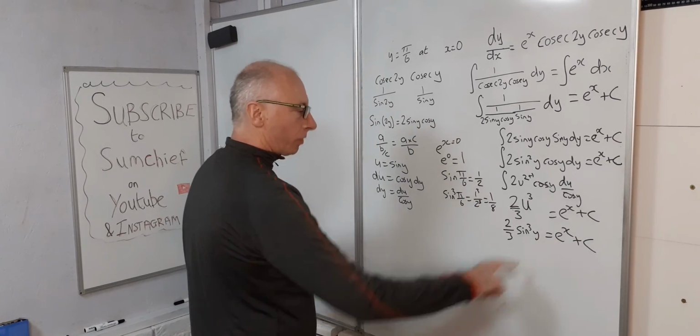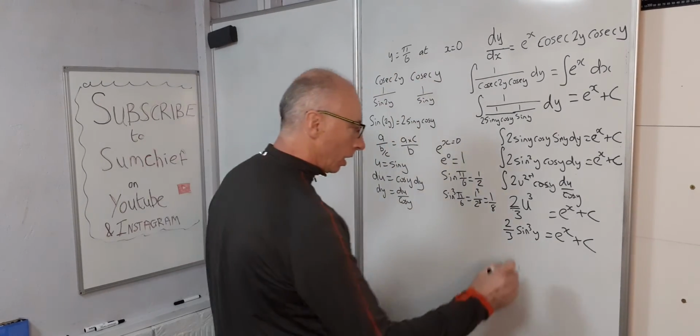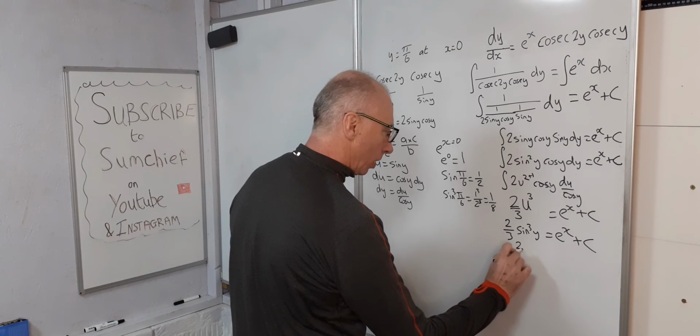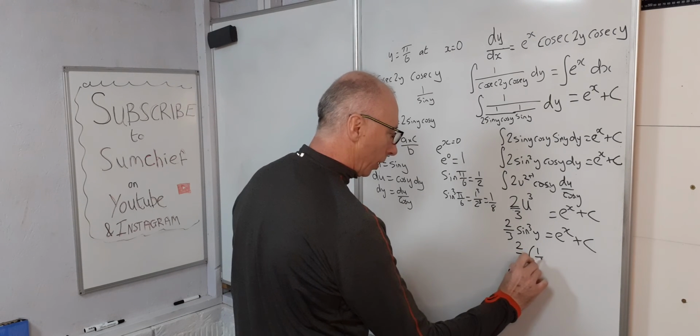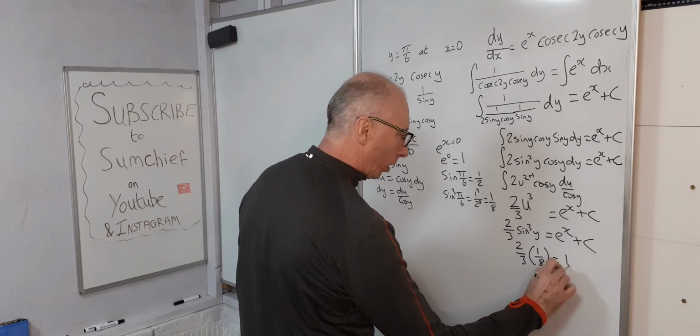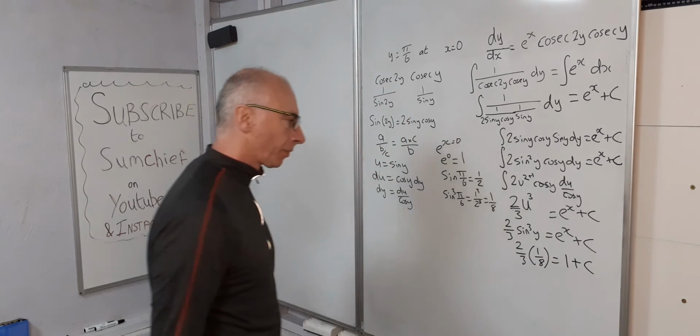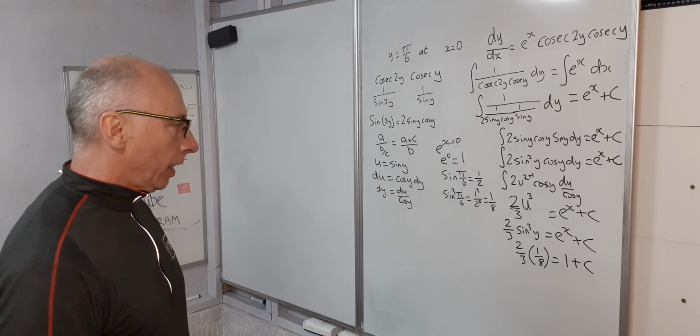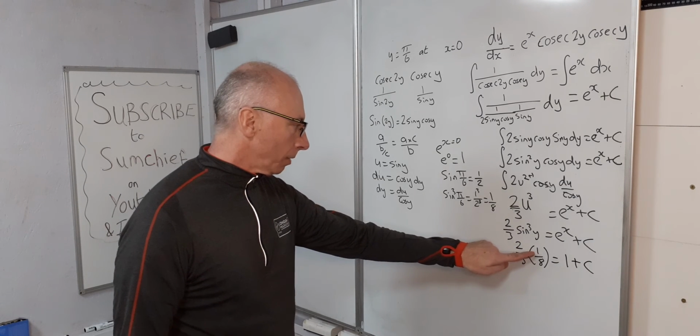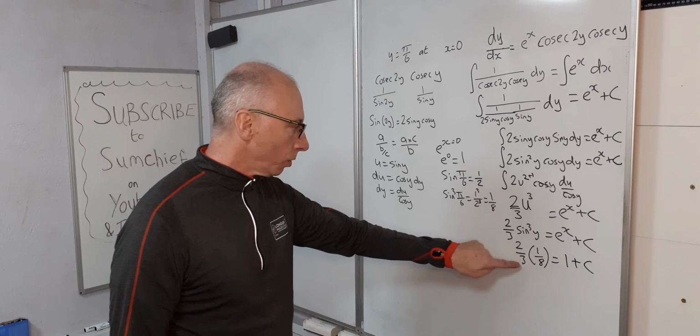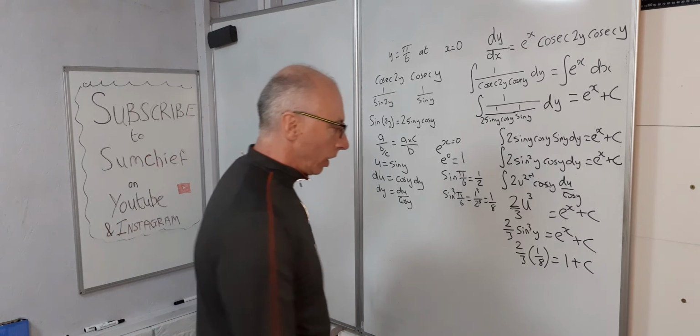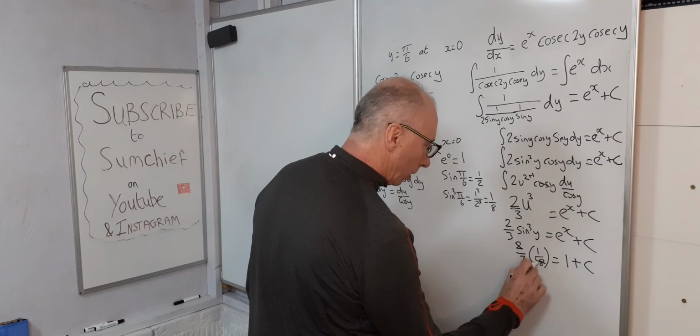So now let's plug these values in, because we know what they mean. We've got 2/3 times 1 over 8 equals 1 plus c. 2 ones are 2, 3 eights are 24, which gives us 1 over 12.